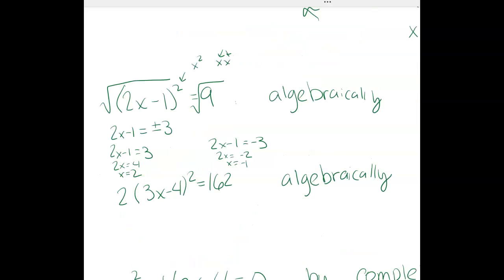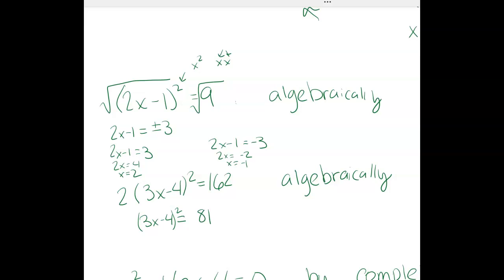Alright, last one algebraically. Again, I see that I have a quantity that I need to square root, but the first thing I've got to do is get rid of that 2 that's out in front of it, so I'm going to divide that off. I should get 3x minus 4 squared is equal to 81, dividing both sides by 2.